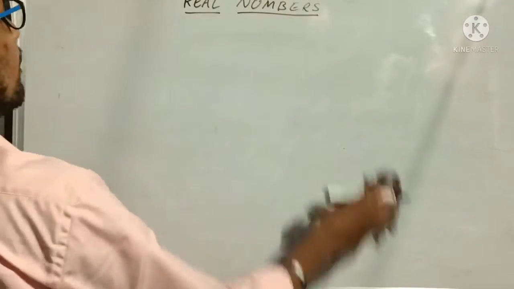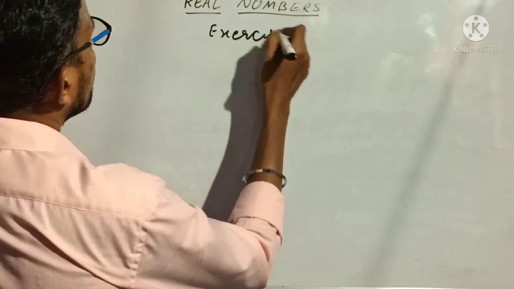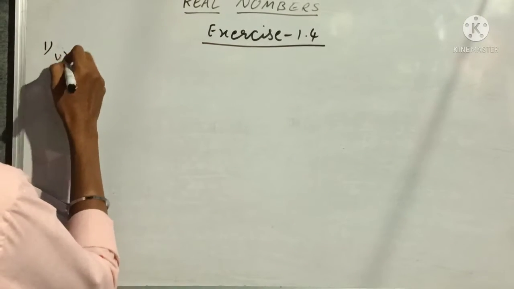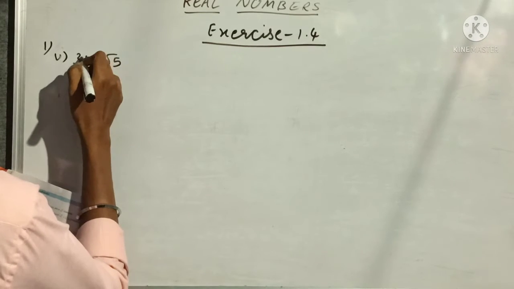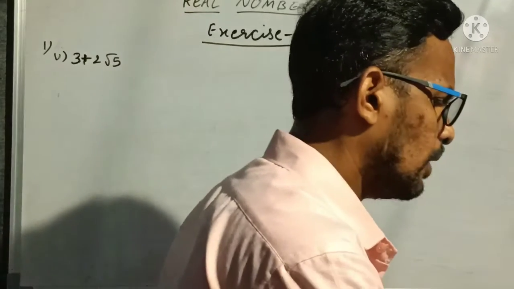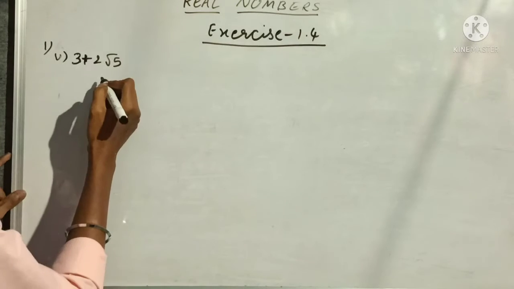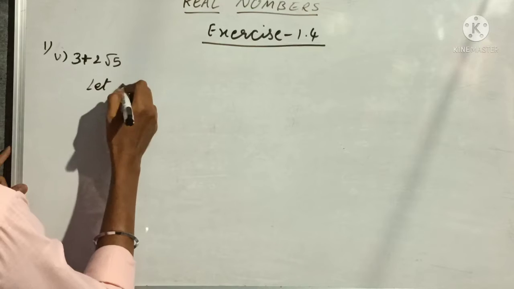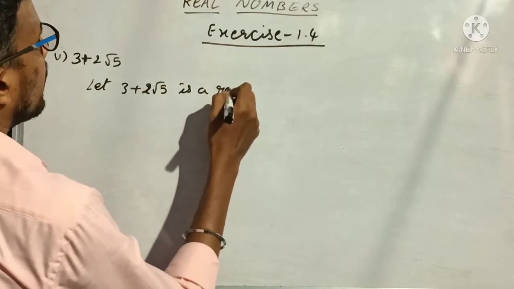So first Roman, fifth one, 3 plus 2 root 5. Okay? So now again, let 3 plus 2 root 5 be a rational number.